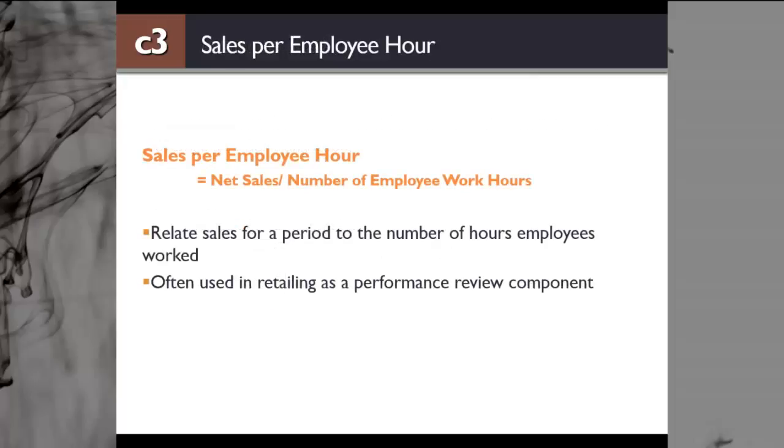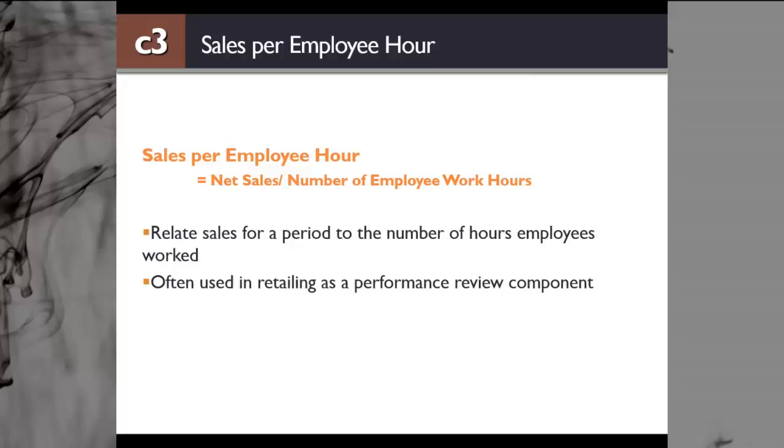Now we're going to talk about sales per employee hour. You can determine sales per employee hour if you know the net sales and how many hours your employees work. It's important to see how much sales an employee made depending on the hours worked.